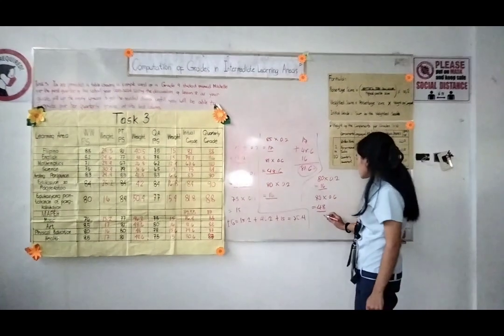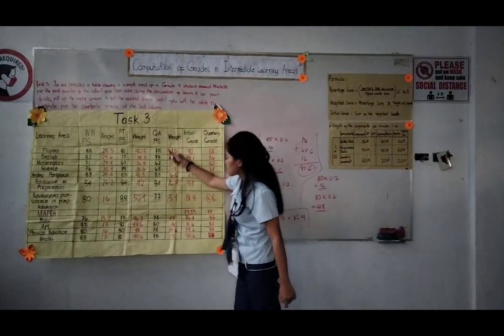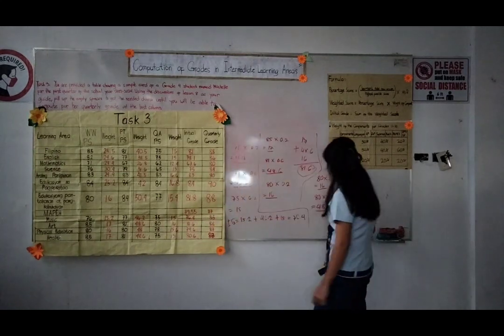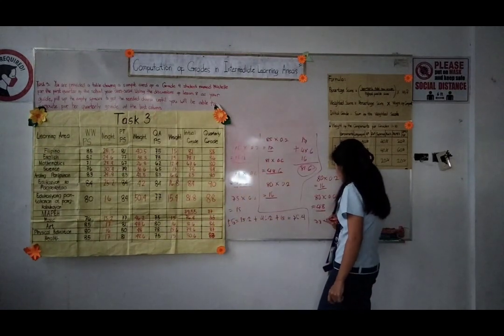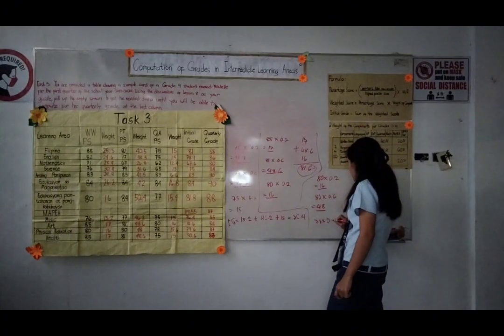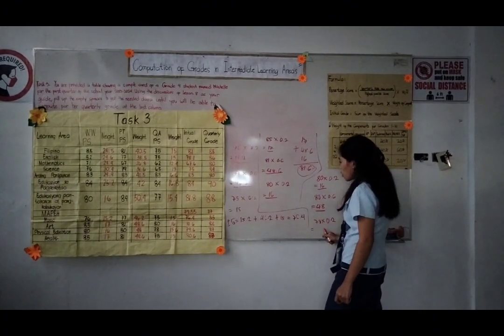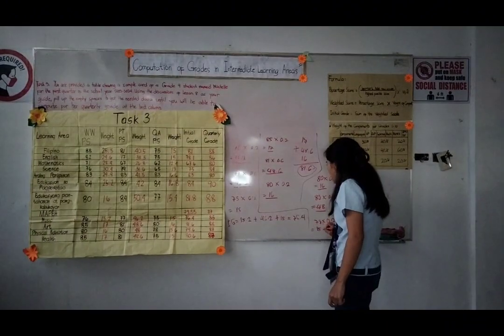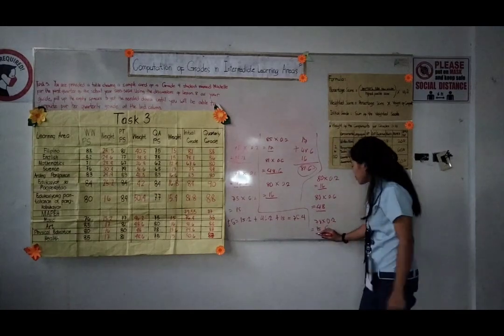In quarterly assessment, we have 78. So 78 times 0.2 is equal to 15.6.